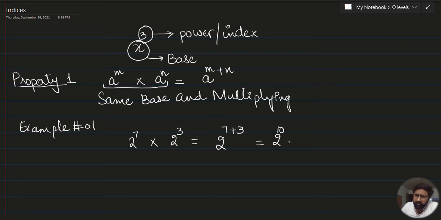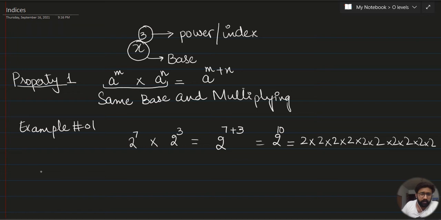I hope you are all well aware of what 2 power 10 means. 2 power 10 means that 2 is multiplied with itself 10 times. So this is the actual meaning of 2 power 10.